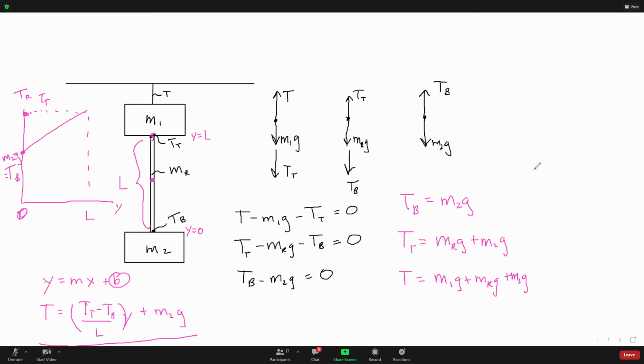Let's look at the problem of the monkey. So here's the ground. Here's a tree. Here's a limb of a tree.